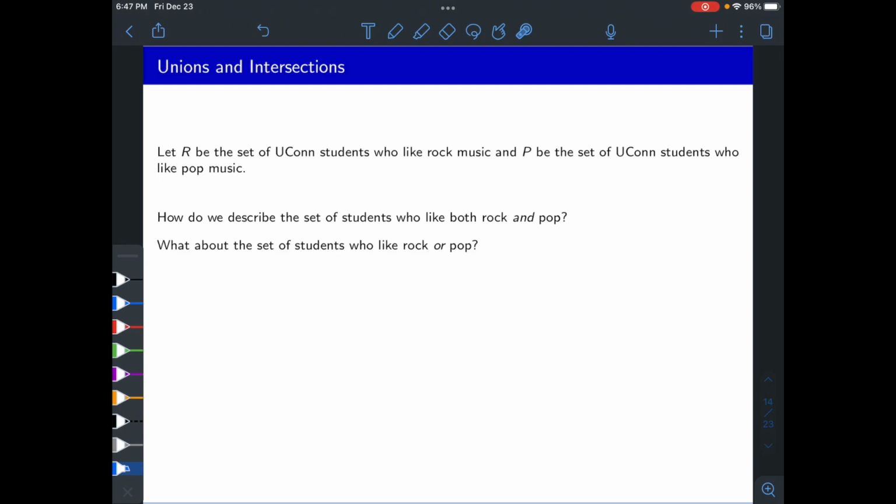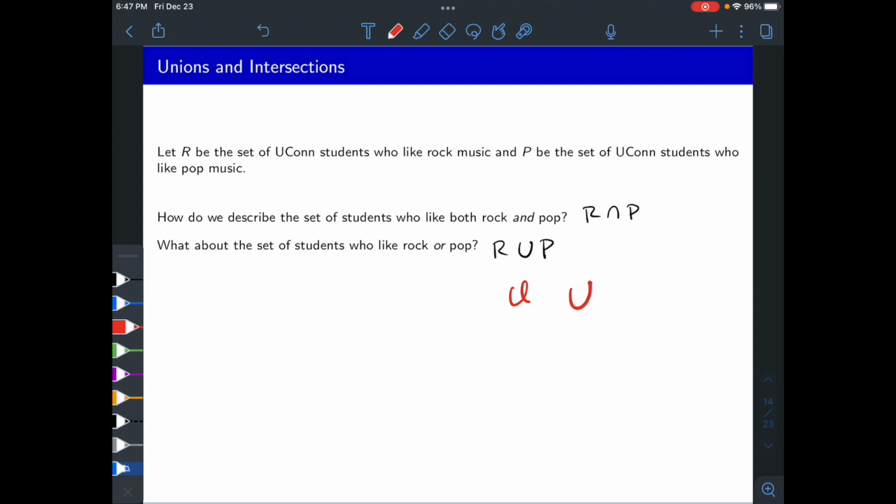We can also describe the set of students who like rock or pop. Here we had R intersect P. What we'll do here is R union P. And be careful with how you write this. This is not the letter U. I'll put it in red because it's specifically not. That's how I write my U's.